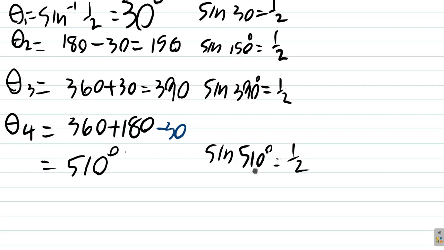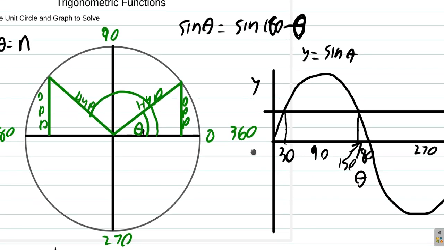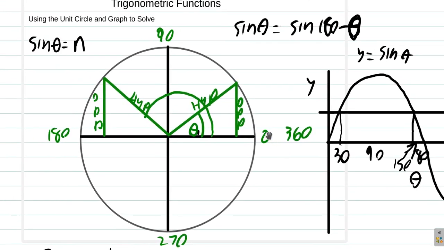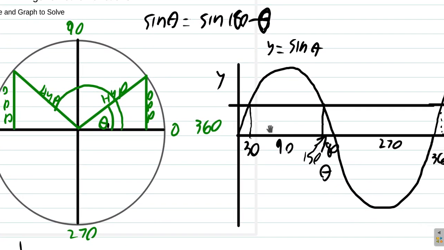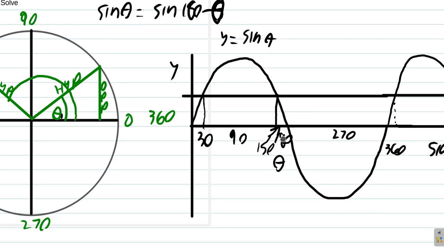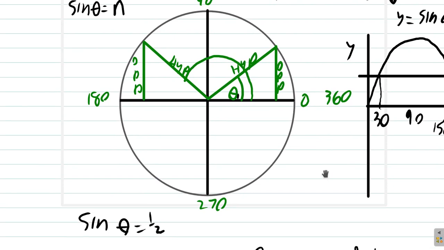Oh, here it shows the various angles that have the same sine, using the unit circle and also the graph of the function. Now the same argument will apply to cosine and also tangent, but we'll look at that in another video.